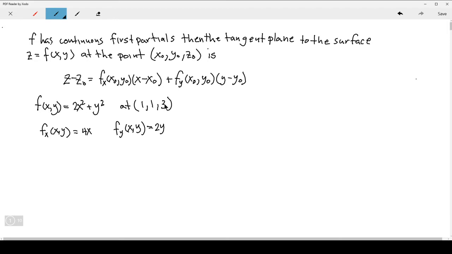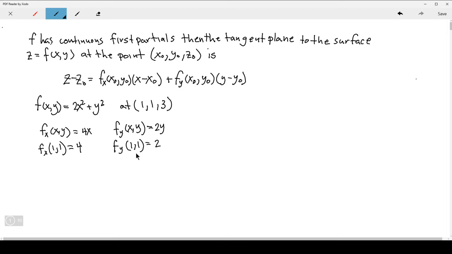The 3 is just the value of the function, so that does not come into play until we write the equation for the plane. So fx at (1, 1): I plug 1 in for x and I get 4. fy at (1, 1): I plug 1 in for y and I get 2.